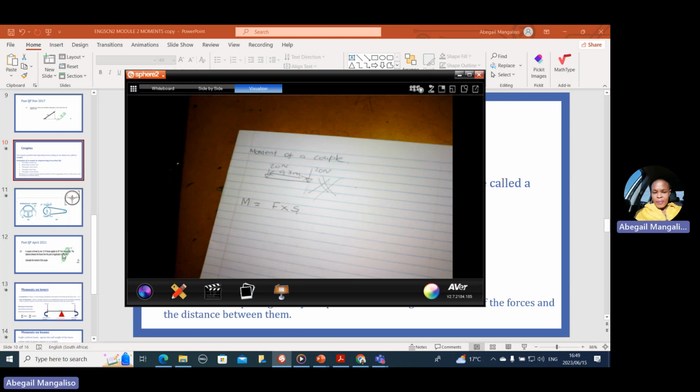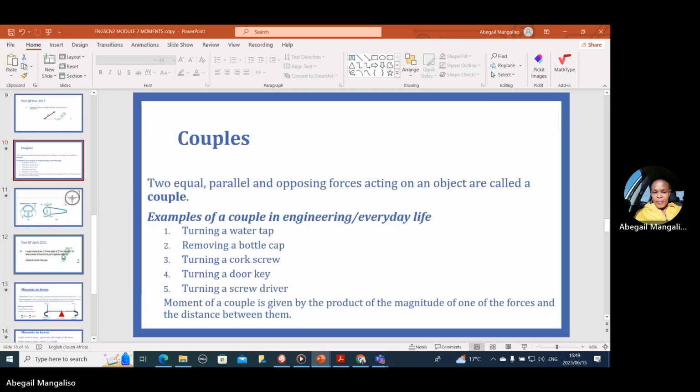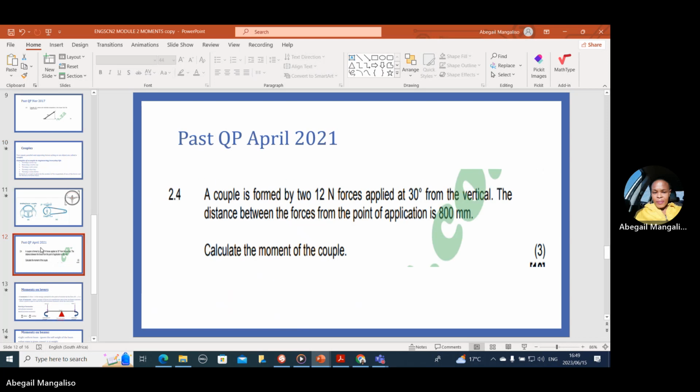Let's have a look at this activity. It's taken from a question paper of April 2021. 2.4. A couple is formed by two 12-Newton forces applied at 30 degrees from the vertical.